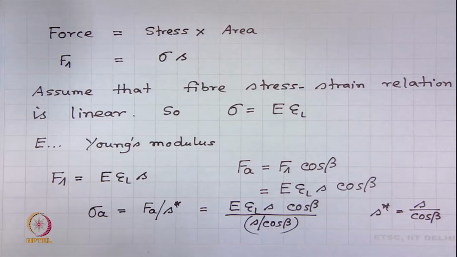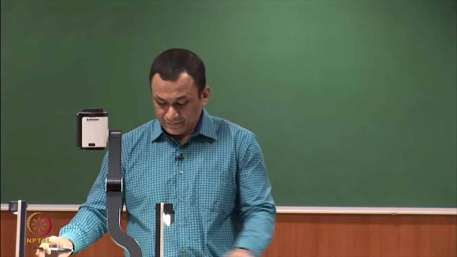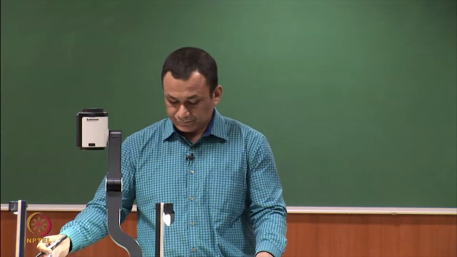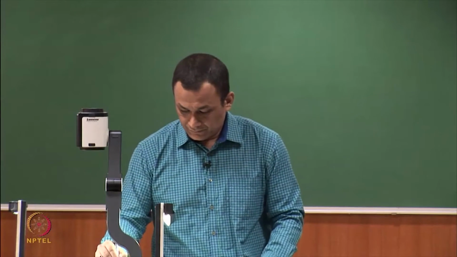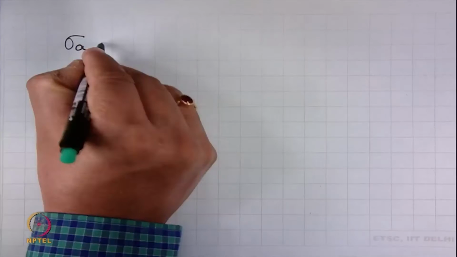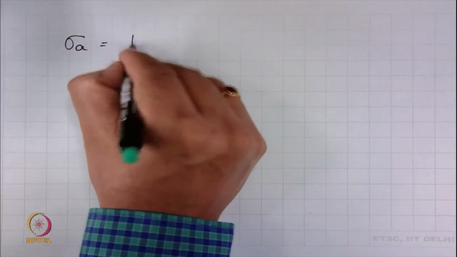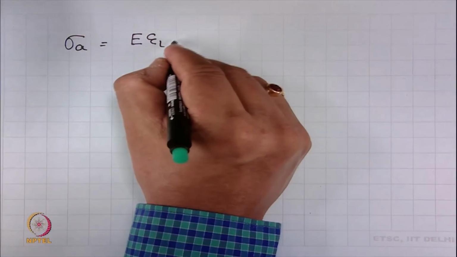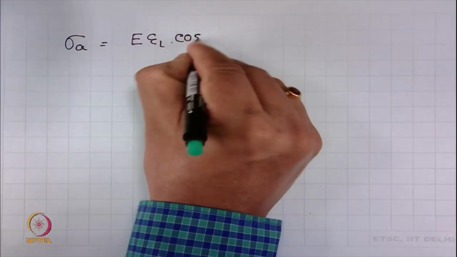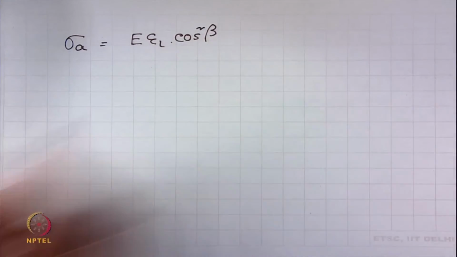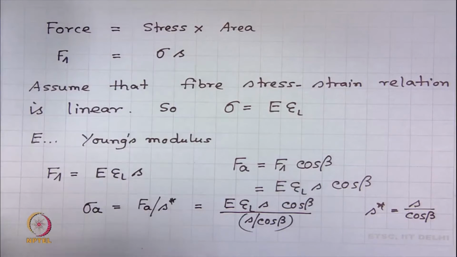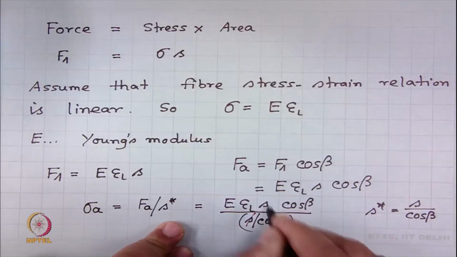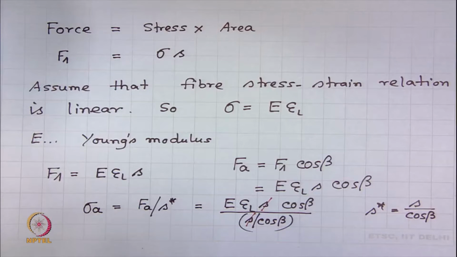So, sigma A becomes E epsilon L cos square beta, because you see here this S and this S cancel out.